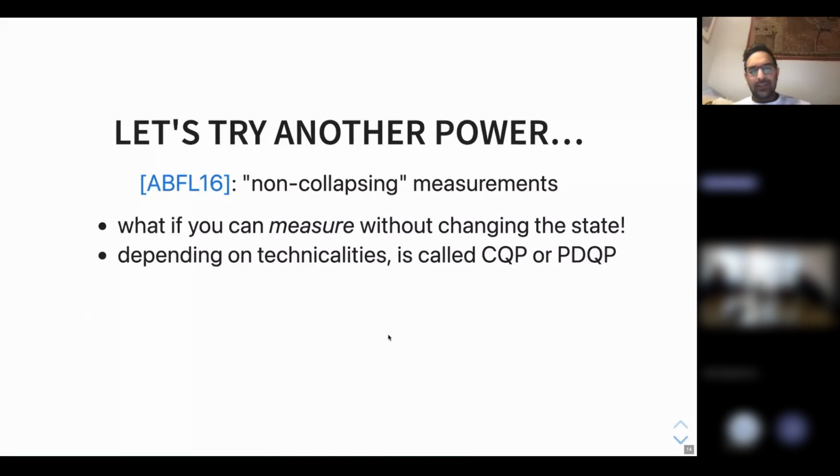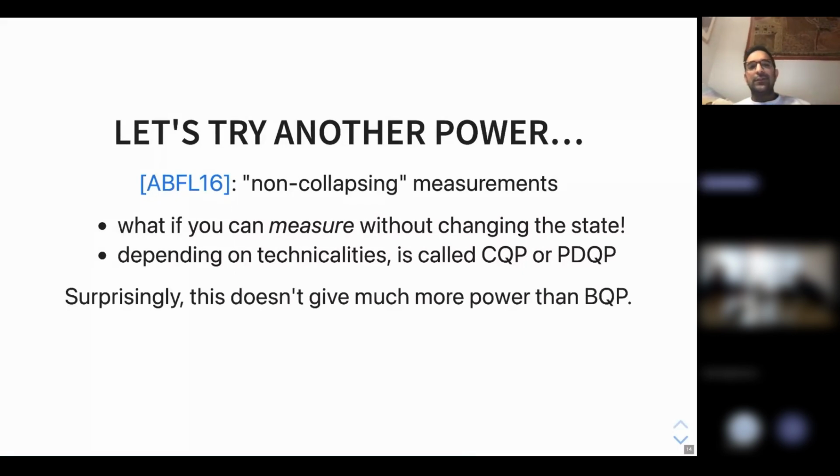And they called it, I think, CQP or PDQP. There's some small technicality about what you do with the information afterwards. But actually, for some reason, this power is not that useful over BQP. So if you think about a BQP machine, and you also give it this non-collapsing power, you can't solve problems that much faster.